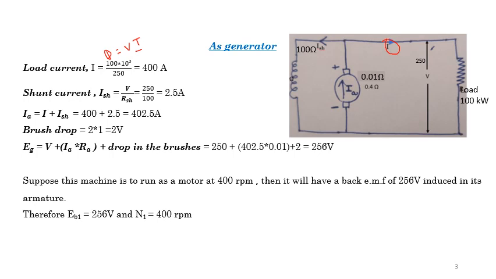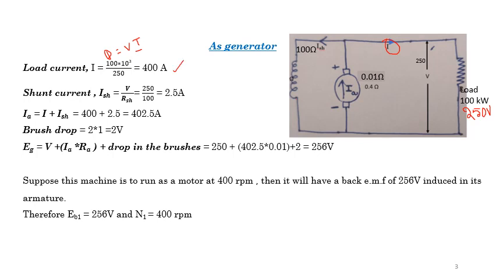Load is given, which is 100 kilowatt. Also voltage is given, which is 250 volt. So using this I can easily find the current flowing through the load. This is what I have done here in the first step.